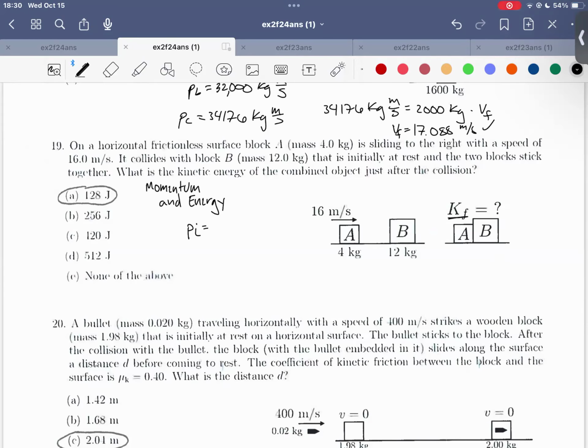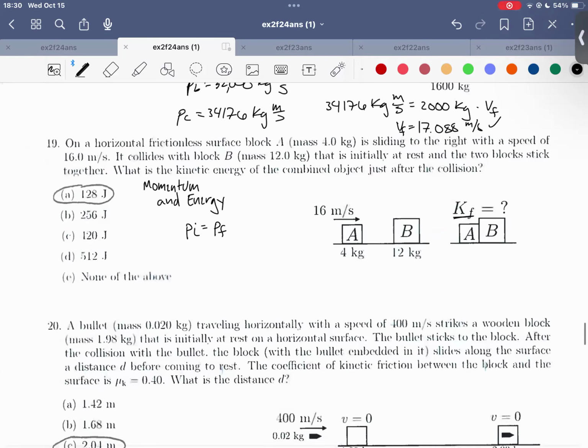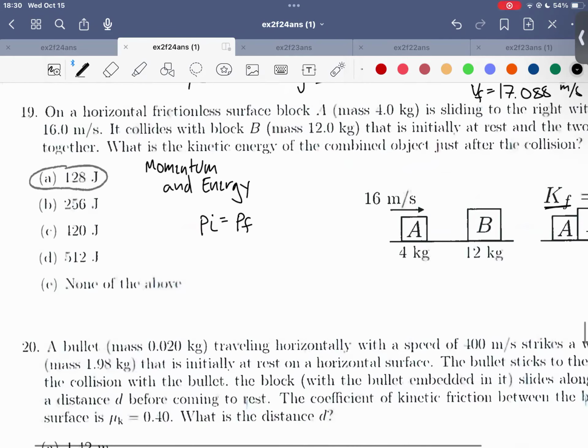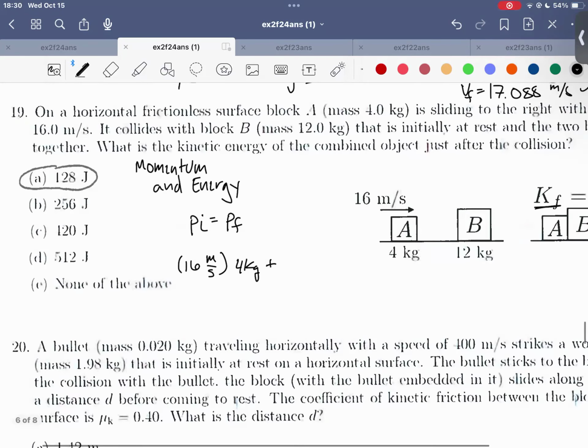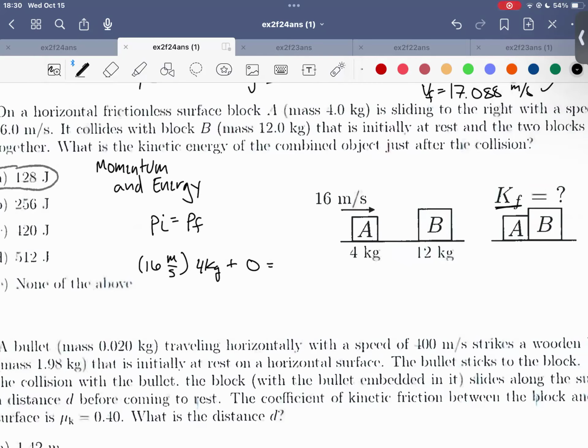So we'll say momentum initial equals momentum final. And our momentum initial is 16 meters per second times 4 kg. And then we would include the block B, right? But it goes to 0, so we're just going to say 0. And then our A and our B combined is 16 kg. And let's find our velocity final.